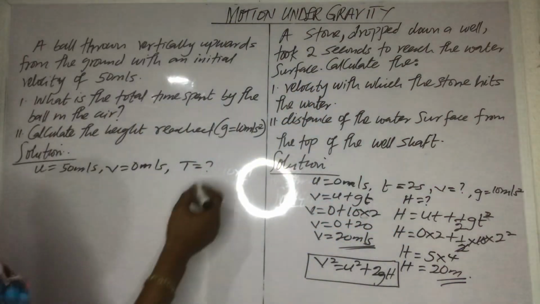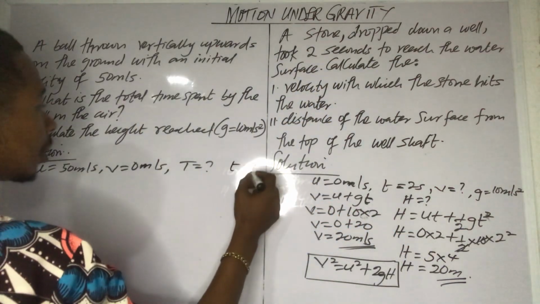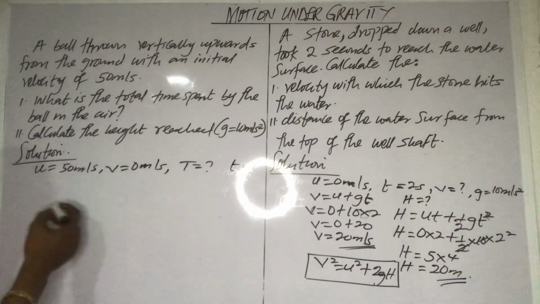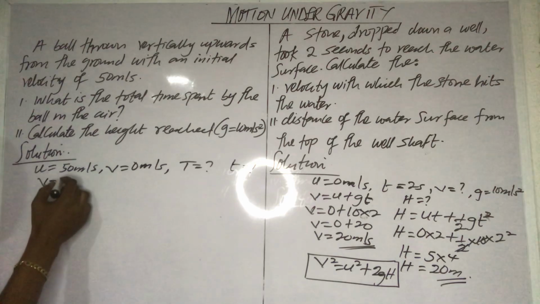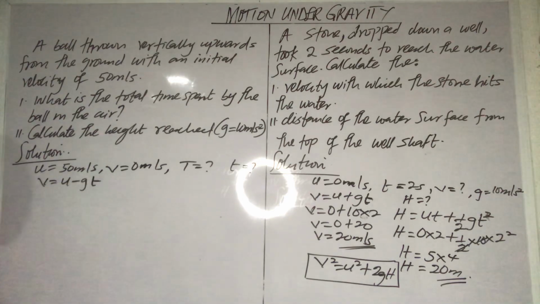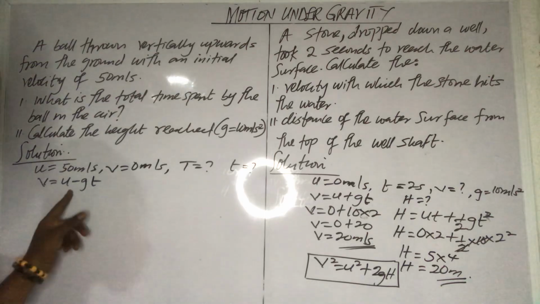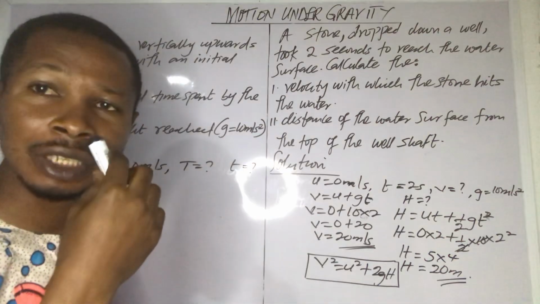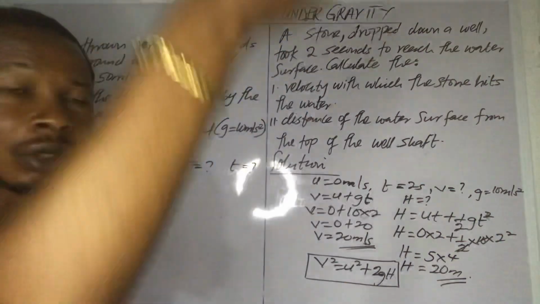So let's find the time to go up first, then add it to the time to come down. Using equation 1 of motion, which is v is equal to u minus gt. It is minus gt here because in this case the body is going against gravity. So I'm using the equation of negative motion. The body is going upward.